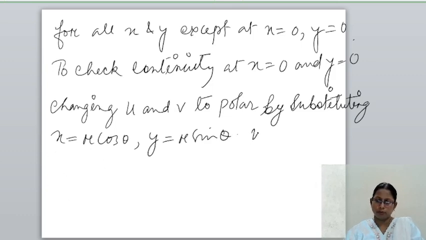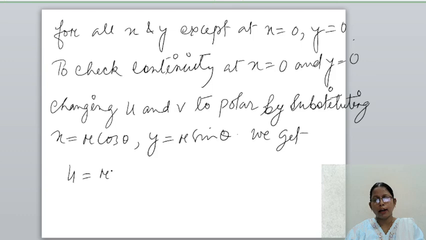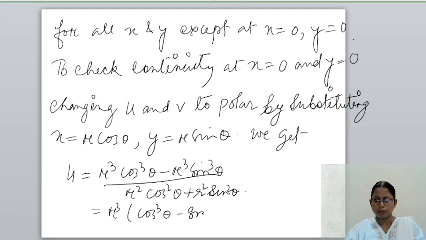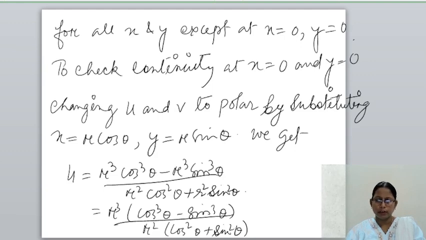we get u = (r³cos³θ − r³sin³θ)/(r²cos²θ + r²sin²θ). Taking common r³, this is r³(cos³θ − sin³θ) divided by r²(cos²θ + sin²θ). This identity is 1.